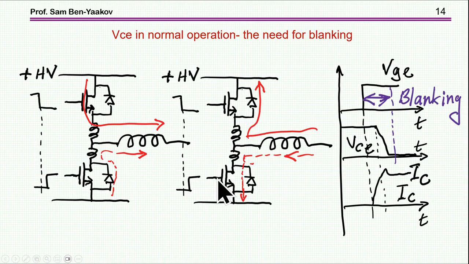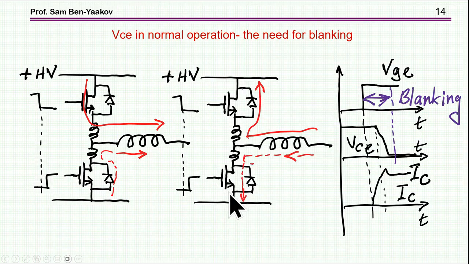Now we turn on this transistor against this conducting diode, so the current will start building up, and the current of the diode, of course, will decrease now because we are consuming current here, up to the point that all the inductor current is going here, and then we're going to have the reverse current. I'm showing it here. Only then the voltage here will start dropping.